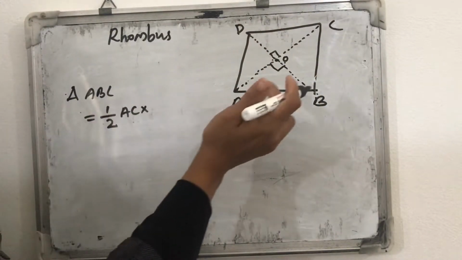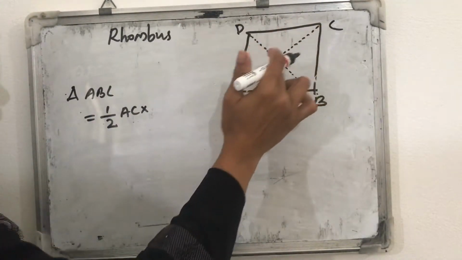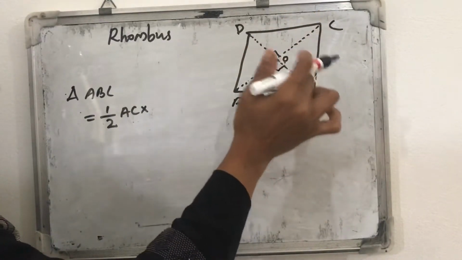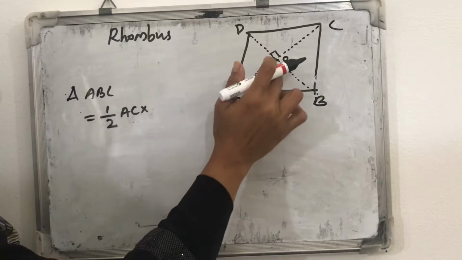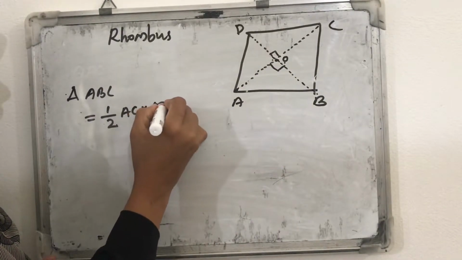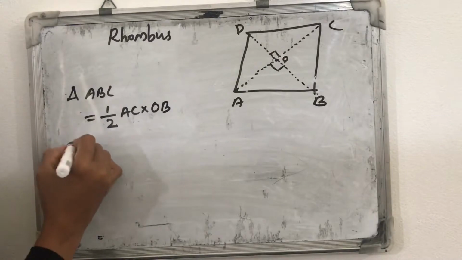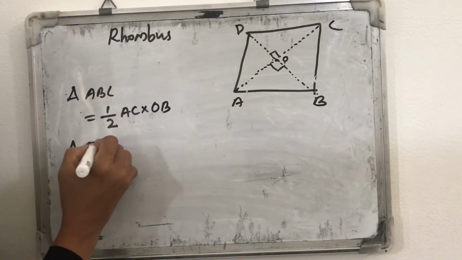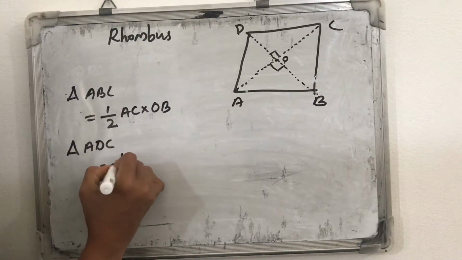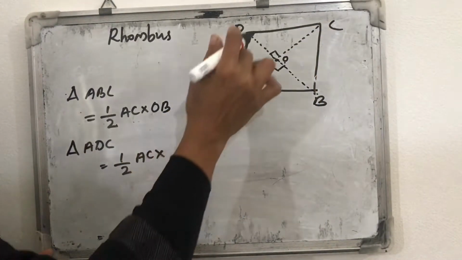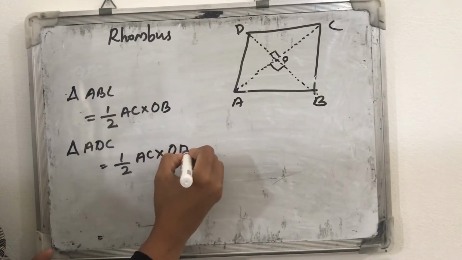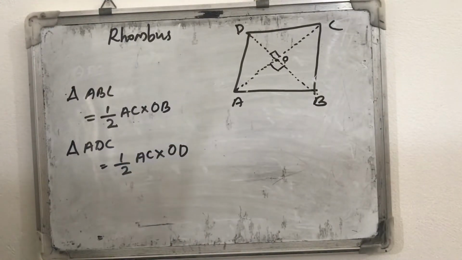So the area of the triangle ABC is half into AC into its height BO. Just like that, the area of the triangle ADC is half into base AC into its height OD.